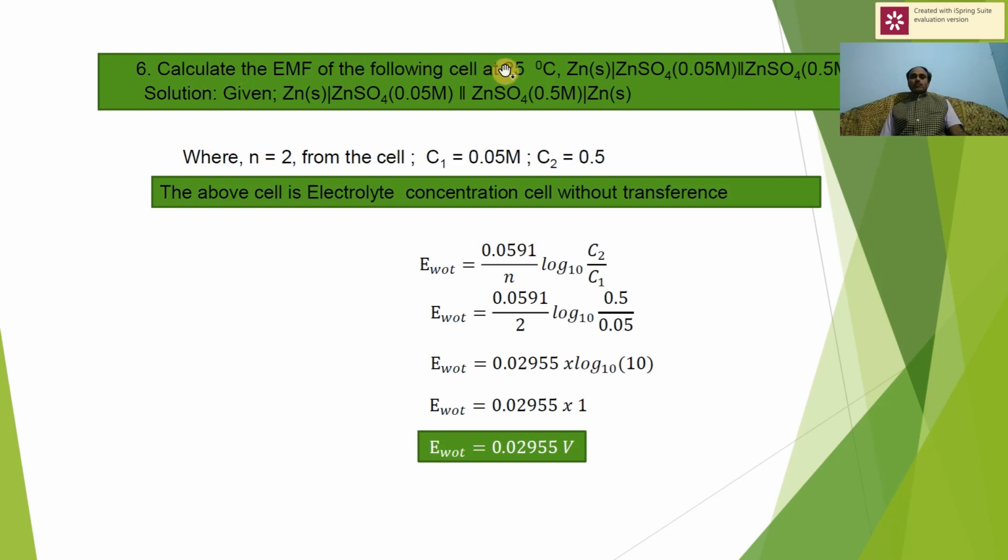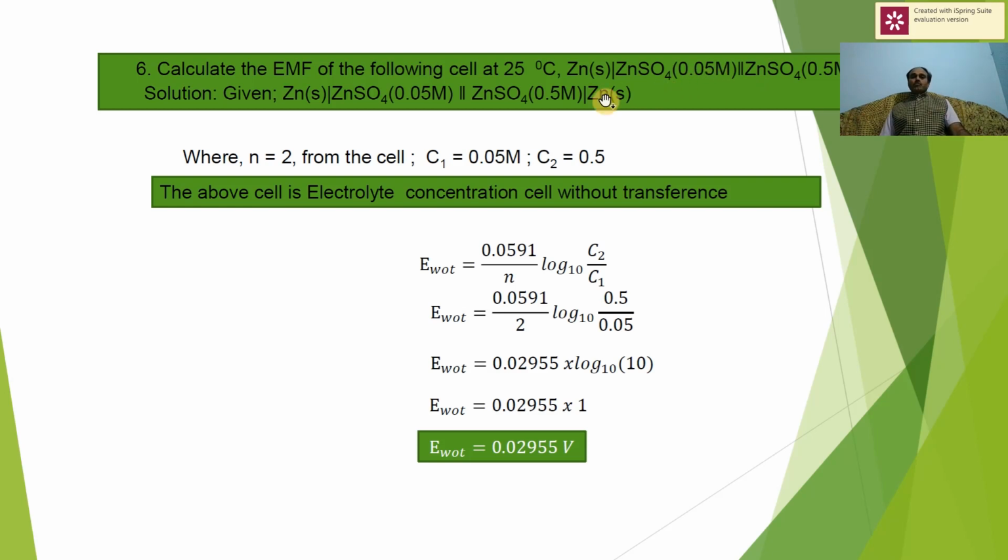This is only a one-line problem. Calculate the EMF of the following cell at 25 degrees Celsius. The cell representation is given here. What else we have to get from this cell representation? That is the need of the solution.